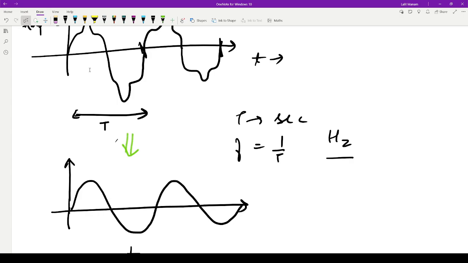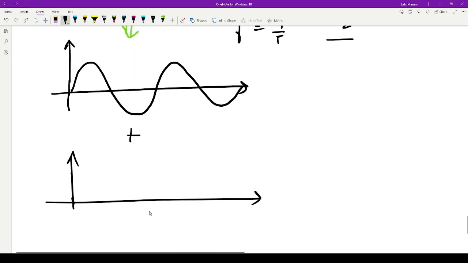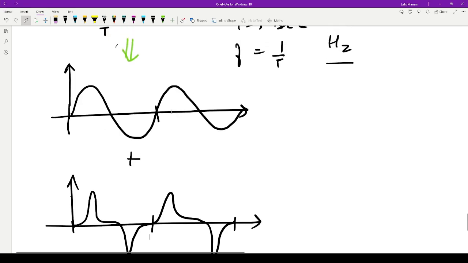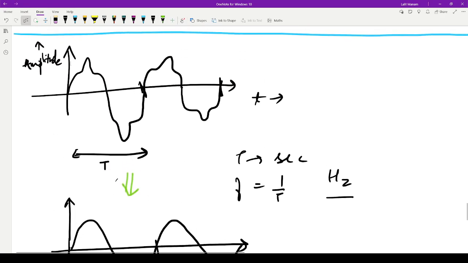The second one also varies in a similar manner, but it is not that smooth. You have peaks and then it goes like this. So the second one is not a sine wave, but both are periodic signals. I hope people agree on that, right? If we add these two signals, you can get this signal. Agree?